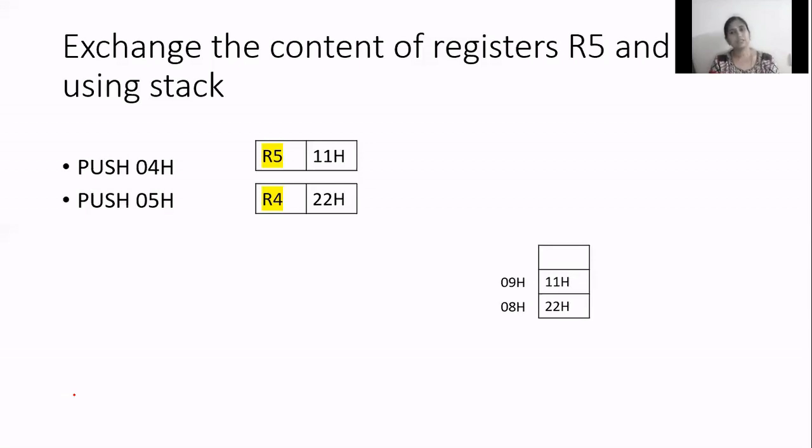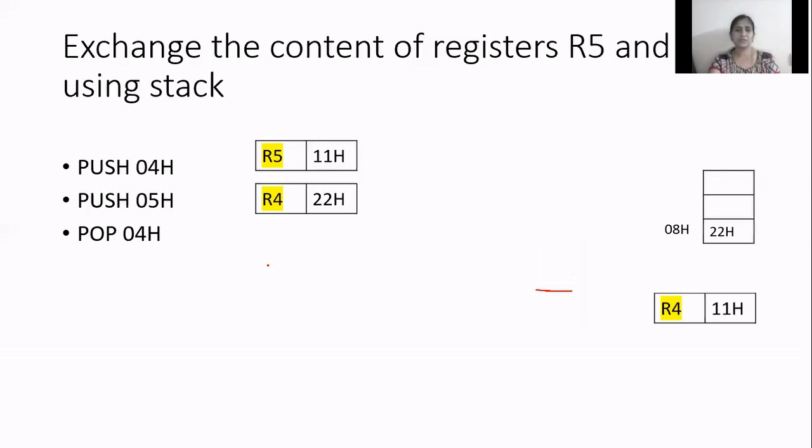So what should the next two instructions be now? I need to pop out in reverse. When I say pop 04, the top of the stack, which is 11, is moved on to the register 04. That is what is happening here. R4 gets the top value, which is 11, and then the stack pointer gets decremented to 08.